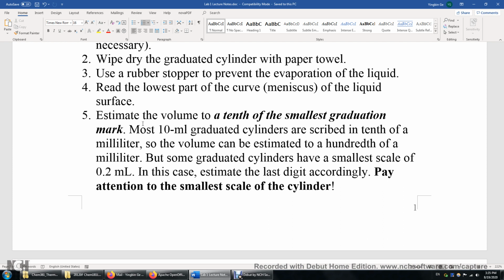But some other 10 ml graduated cylinders have a different smaller scale, for example 0.2 milliliters. In this case, you need to estimate the last digit accordingly. So the last digit could be 0, 2, 4, 6, or 8. So really always pay attention to the smaller scale of the graduated cylinder.